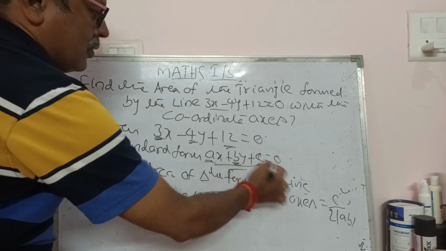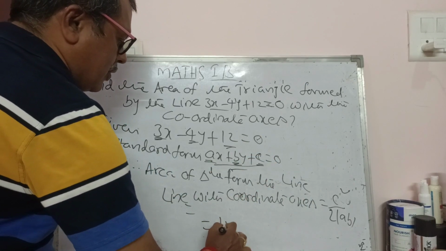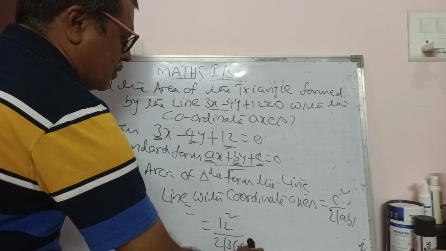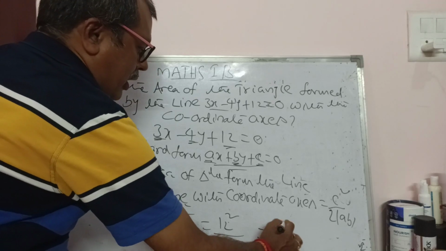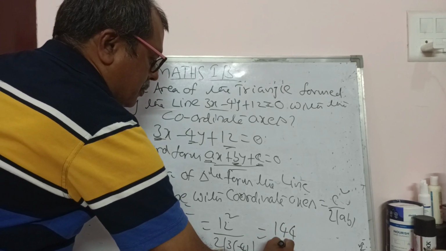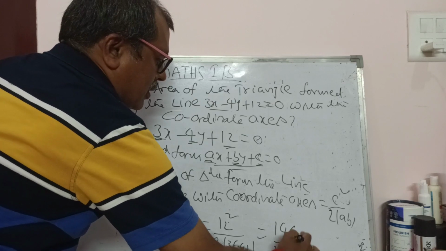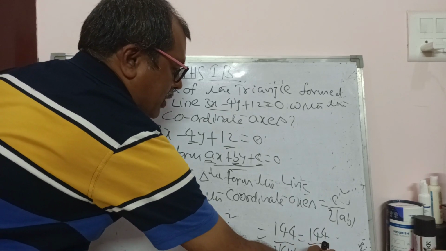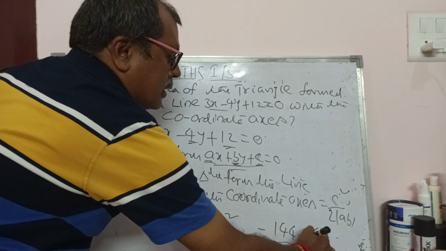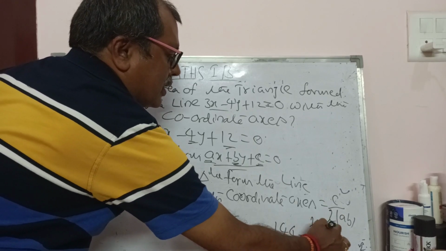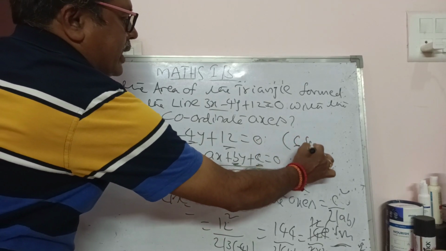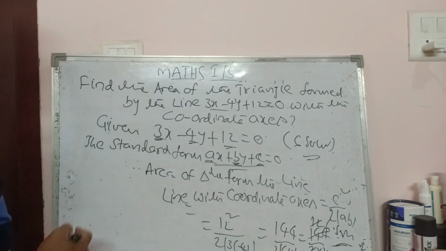That is equal to 12 square by 2 into modulus of 3 into minus 4, which is 144 by 2 into modulus of minus 12. It will turn out to be plus 12. So 12 times 2 divided by 12, 6. So 6 square units is the area of the triangle formed by this line with the coordinate axes.